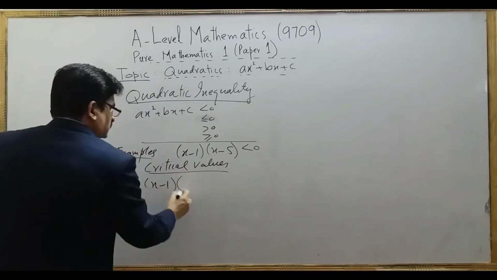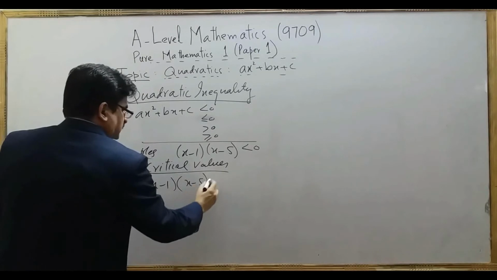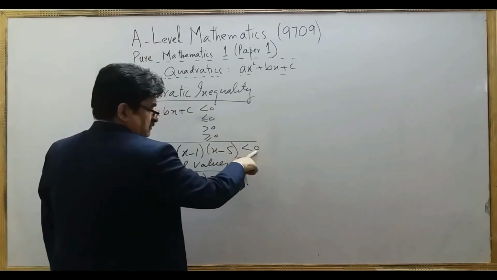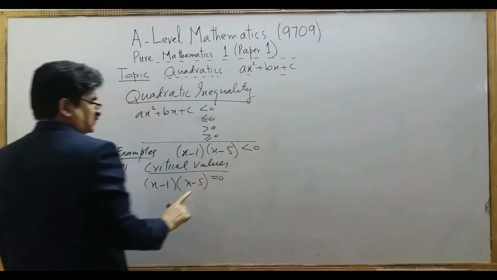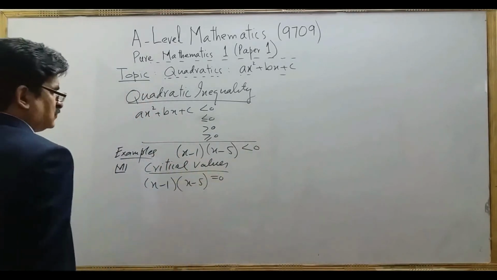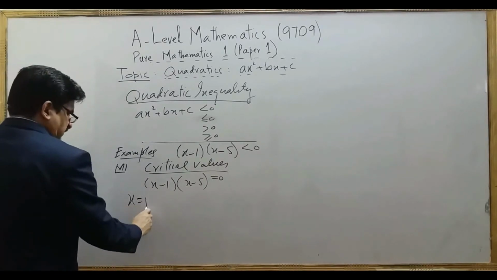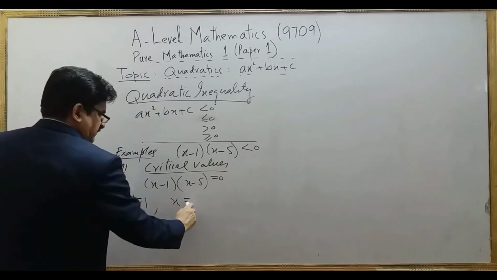If we put this equal to 0, but you will do this when you have 0 on one side, otherwise you have to do an extra step, see later. Now it means that x is 1 and x is 5.